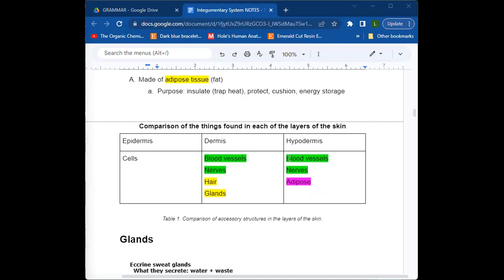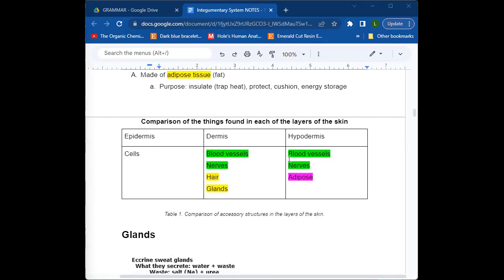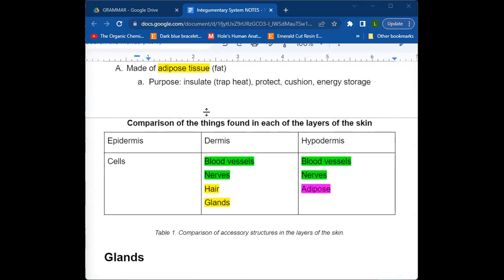Okay, this is just a simple comparison chart of all the different layers of the skin. So the epidermis is made up of cells and only cells. There are no blood vessels, no hair follicles, no glands, nothing.